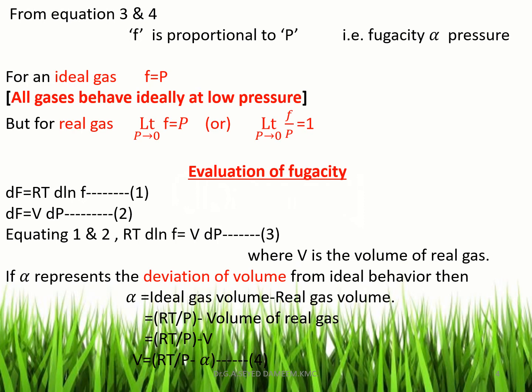So for an ideal gas, f is equal to P. But for real gas, limit P tends to 0, f is equal to P. That means all gases behave ideally at low pressure, so at low pressure, f is equal to P. In general, limit P tends to 0, fugacity is equal to pressure. In other words, limit P tends to 0, f by P, the ratio of fugacity to pressure, is equal to 1.